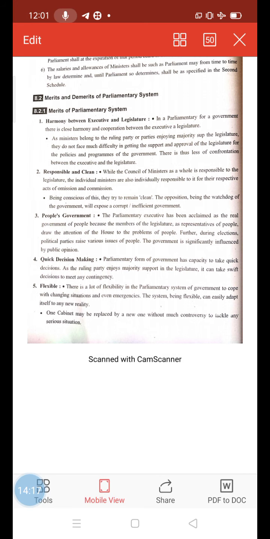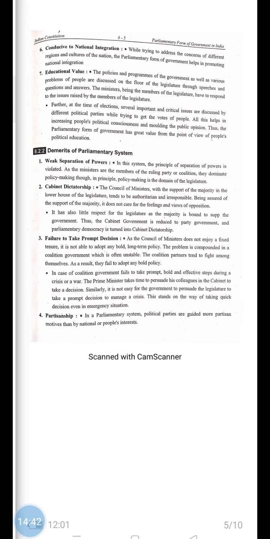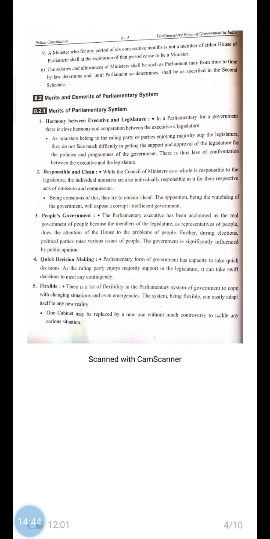So as a minister belongs to the ruling party and enjoys the majority in the legislature, they do not face any difficulty in getting support and approval of the legislature for the policies and programs of the government. So there is thus less confrontation between the executive and legislative. કે એક્ઝિક્યુટિવ અને લેજિસ્લેટિવ પાર્ટી વચ્ચે ઘણીવાર હાર્મની ક્રિએટ થાય છે, તો કોઈ પણ જાતના પ્રોબ્લેમ્સ ક્રિએટ થતા નથી.